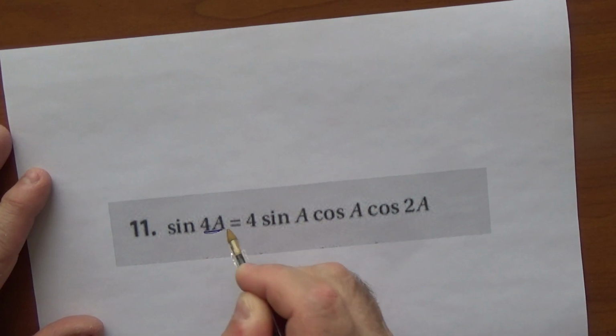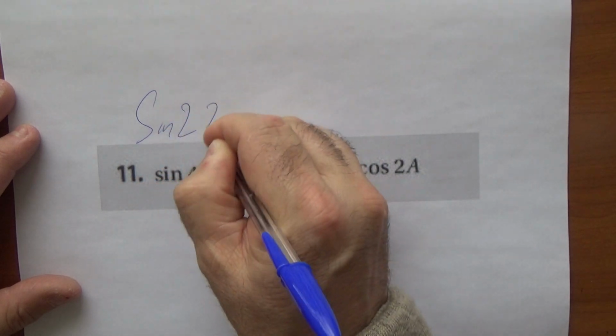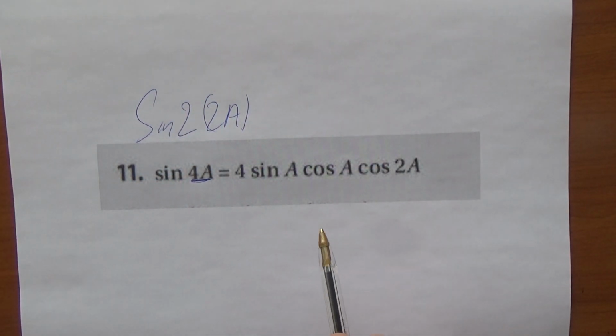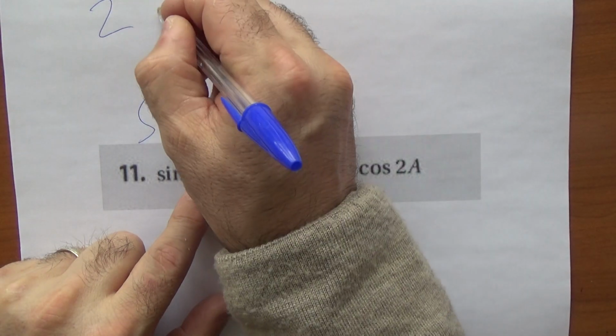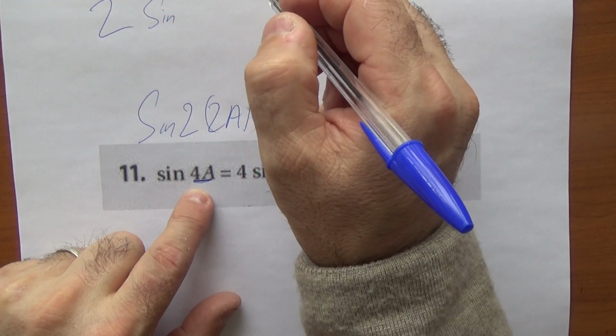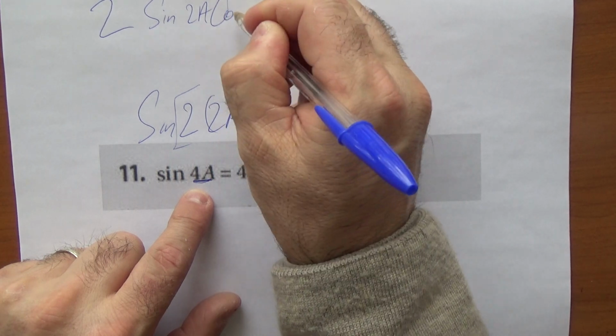Well, that's a double angle in disguise. So this is a double angle, the sine of double 2a. So let's apply the identity for sine of a double angle, which is double the sine of the individual angle times the cos of the individual angle.